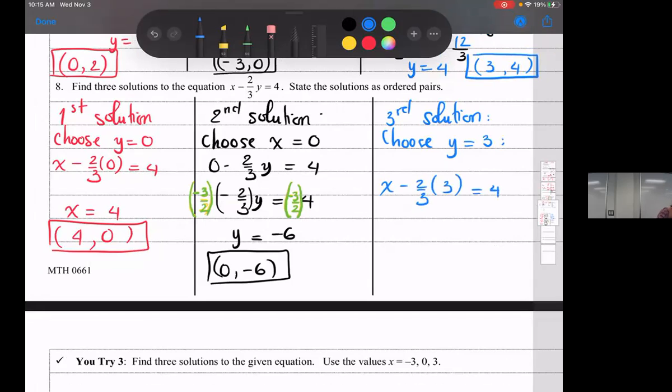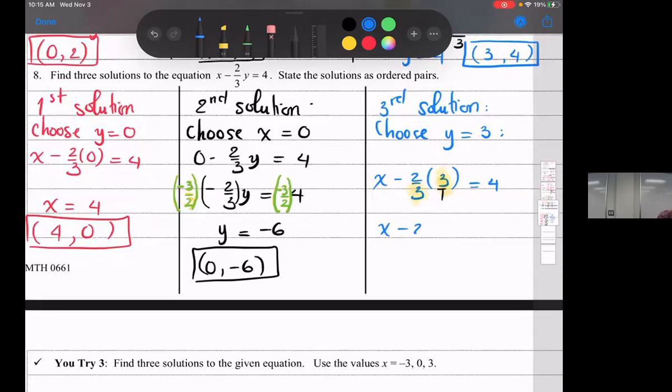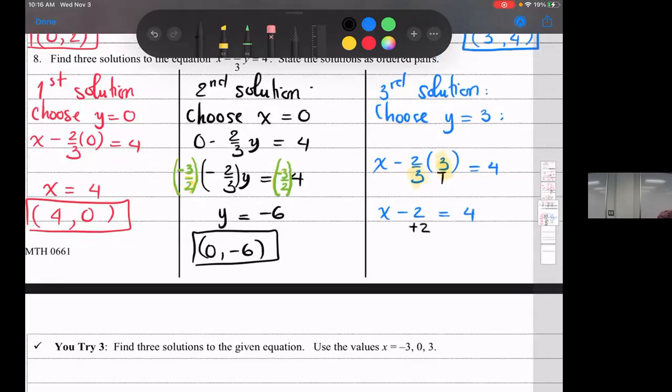That's why I say choose something that makes your life easy. Over 1, so this cancels. x minus 2 equals 4. Add 2. x equals 6. So 6, comma 3.